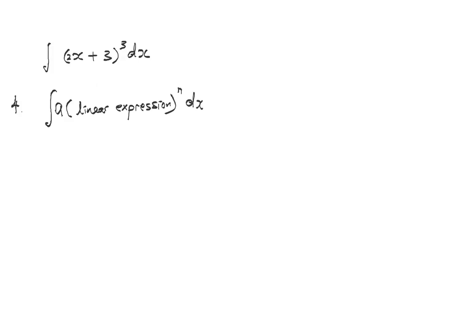If I say linear expression, you know what it is? It means like that. That means the power of x in the bracket must be 1. That is called a linear expression. Are you clear? If not, you cannot apply this rule.